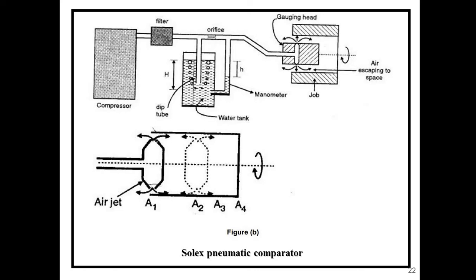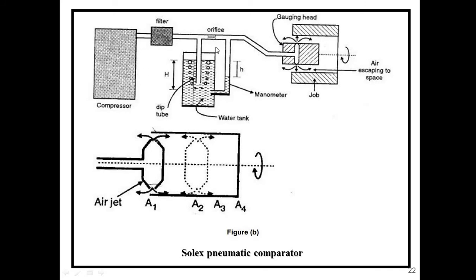The dry compressed air at regulated pressure is made to escape through the space between the orifice and the gauging head.